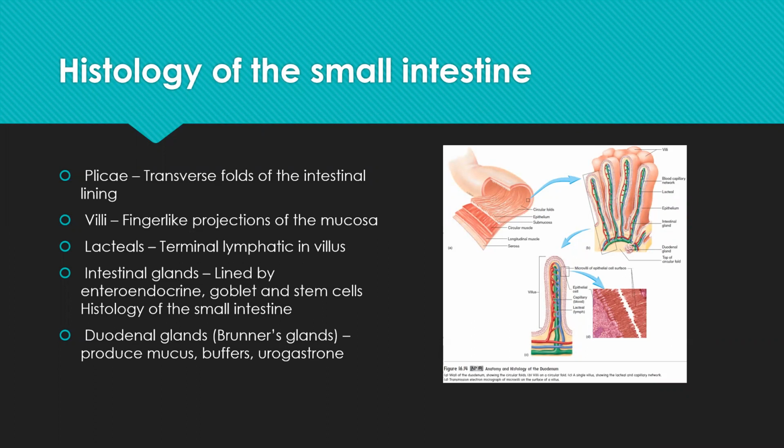The intestinal glands are lined by enteroendocrine, goblet and stem cells. The duodenal glands, or Brunner's glands, produce mucus, buffers and urogastrone. These are the different compounds produced by the duodenal glands.